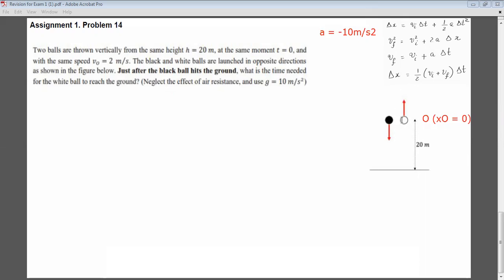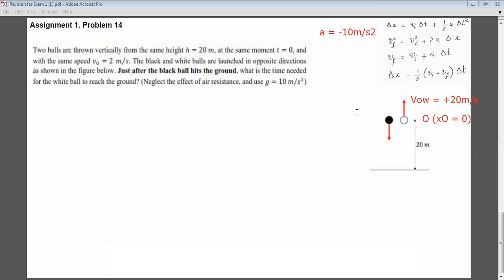What does this mean? This means that V0 for the white is equal to plus 20 meters per second.